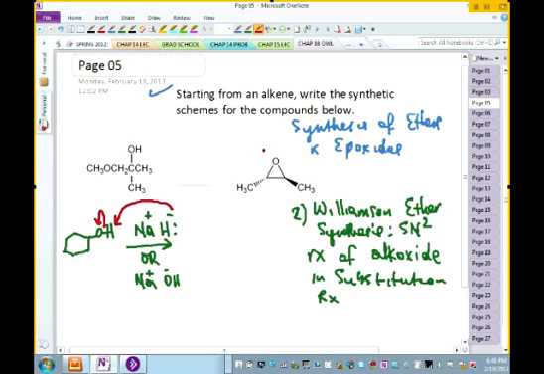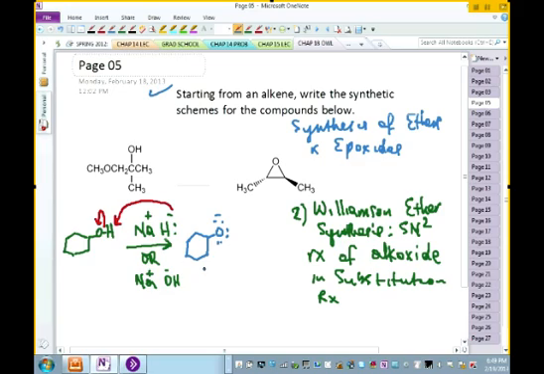Okay? So now what do we have? We now have an alkoxide, right? Cyclohexyloxy group, right? Cyclohexyloxy. Find that very difficult. Okay, so we have this alkoxide here.